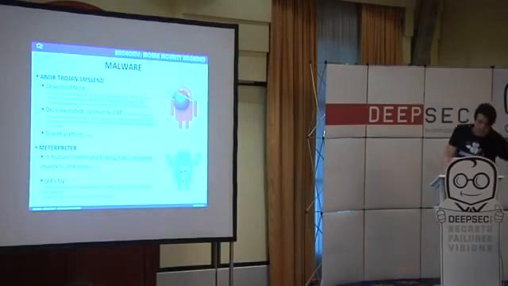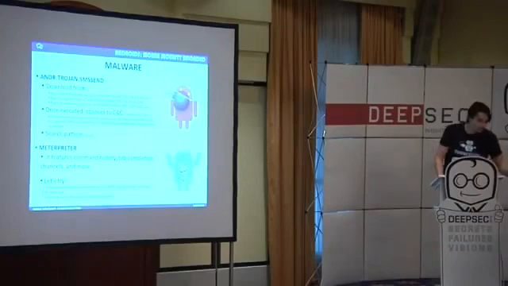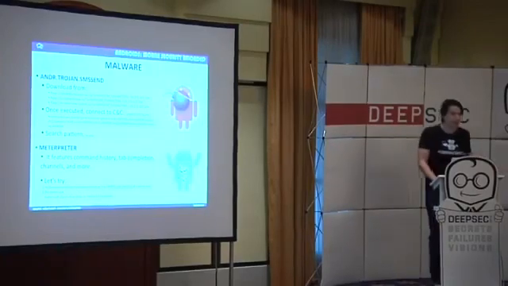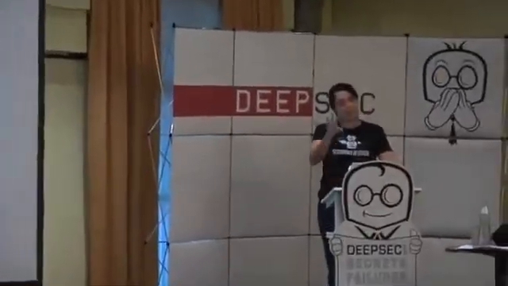And the last part is the malware. I don't like malware analysis, but I have to do it, and you can take some malware examples and try to search for patterns or strings that belong to the applications. In this case, it was the SMS send.